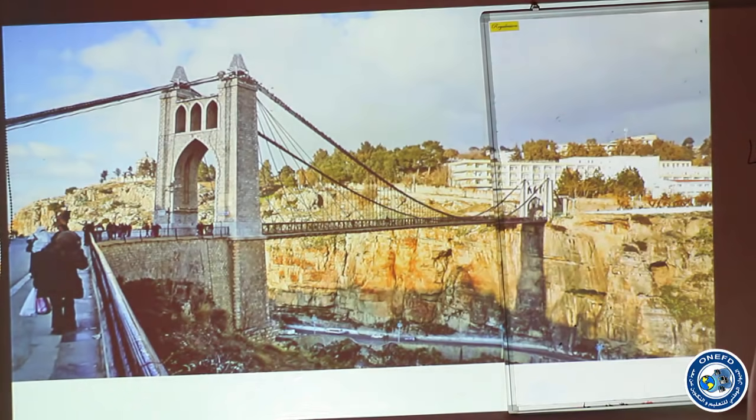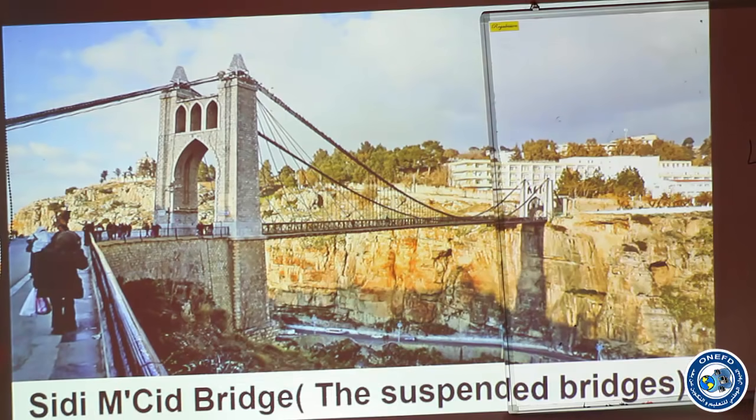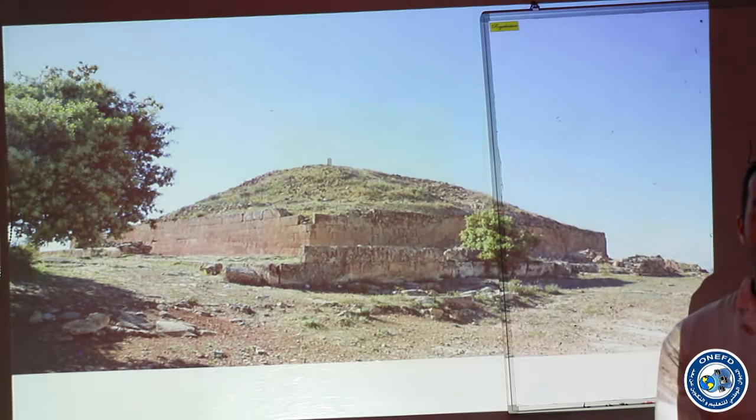Can you guess this famous bridge? It is in Constantine. Sidi M'Cid bridge, or the suspended bridges in Constantine. Okay, the following picture, it is in Tiaret.